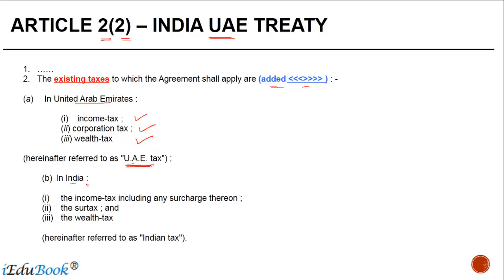In India, the income tax, including any surcharge thereon, the surtax, and the wealth tax, hereinafter referred to as Indian tax. What this means is, for the purpose of applicability of the treaty, these are the taxes which are covered in the DTAA from an India-UAE treaty perspective, which are levied in the United Arab Emirates. In India, it is these taxes which are applicable.